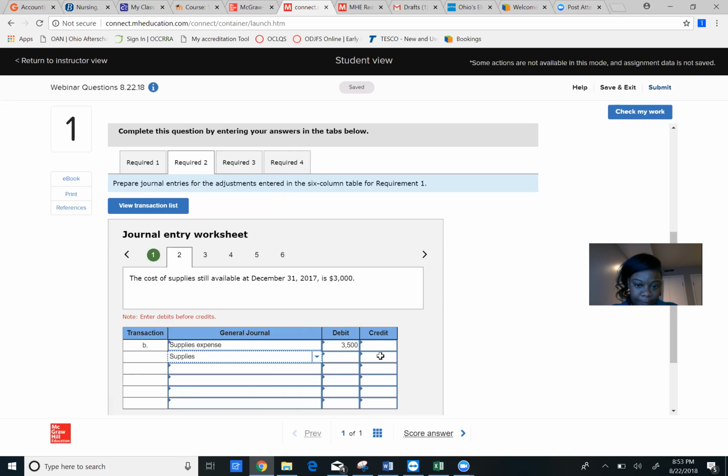Huh? I didn't hear you. I said, do you know why it doesn't say 3,000? No. So 3,000 is what we want the balance to be. And the balance was previously 6,500.